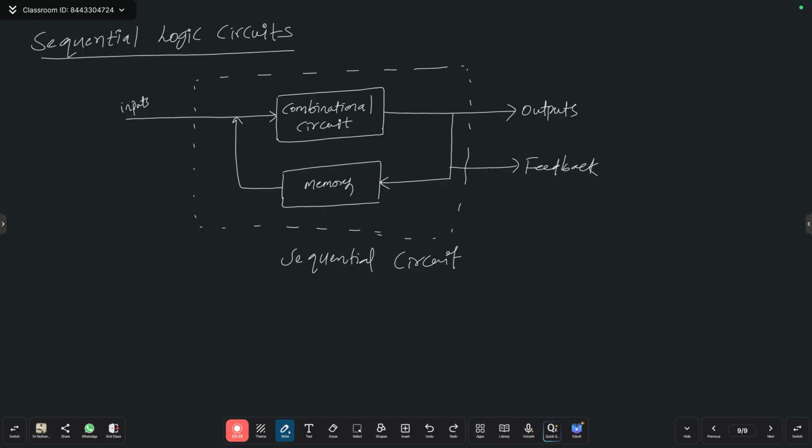Just observe, the sequential logic circuit is a combinational circuit and memory. Here the combinational circuit and memory is the present state. The present state always produces output and next state.